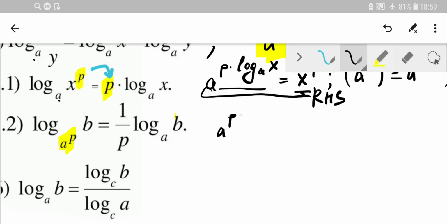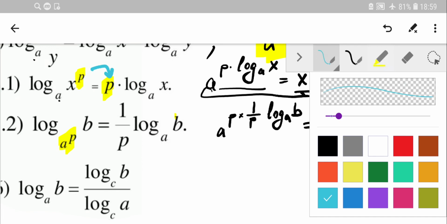So simply when we raise up, we simply multiply by 1 over p times log ab, right? That's what we're going to have. And that should be equal to resultant b. Okay, so p simply will be cancelled.